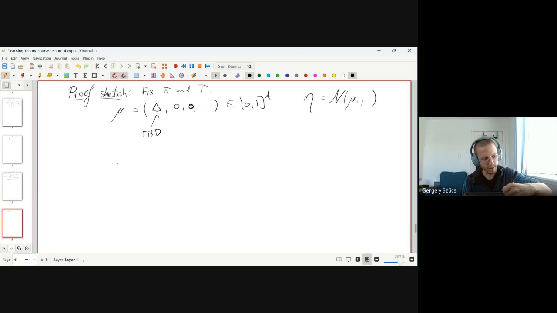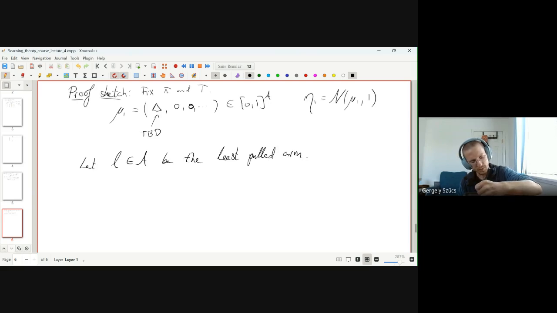So let's call that L. Let L in A be the least pulled suboptimal arm by pi, which we can write as L equals argmax.